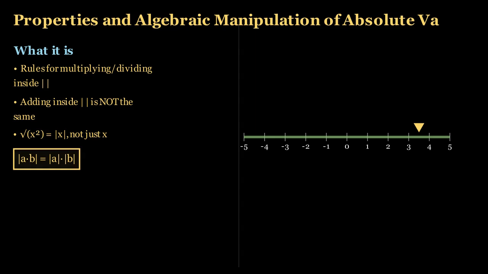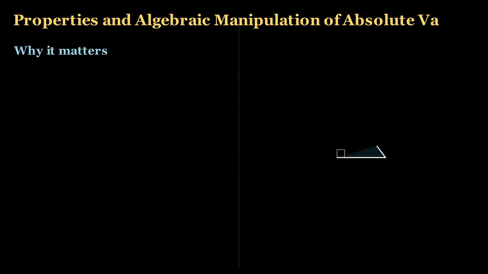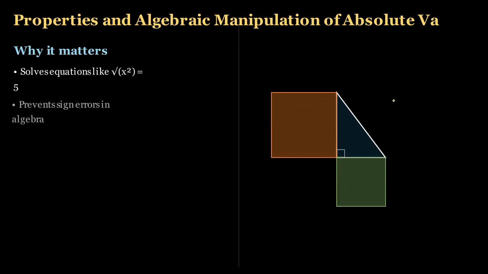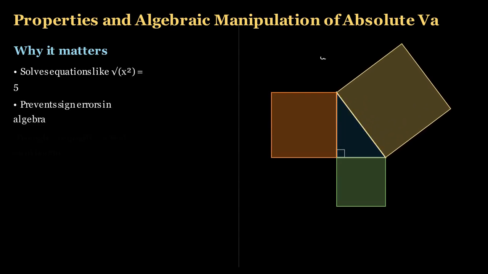Why do we care about these rules? Imagine you solve an equation and take a square root to undo a square. You might write the square root of x squared equals x, and then get only half the answer. That is a classic mistake. Knowing that it really equals the absolute value of x gives you both the positive and negative solutions.